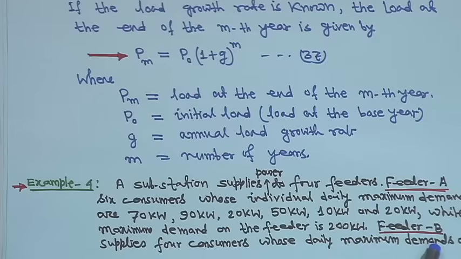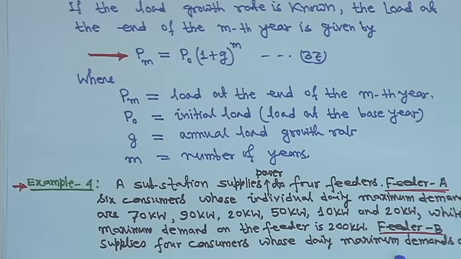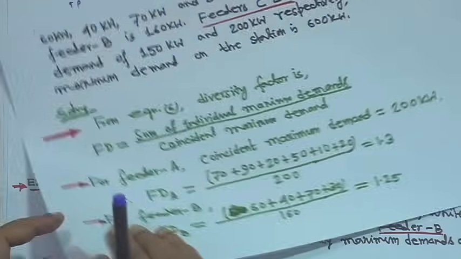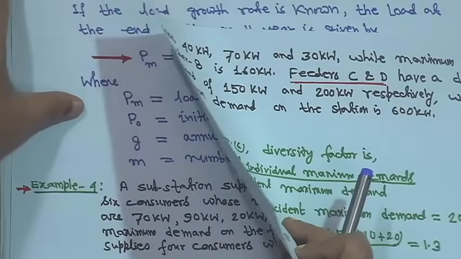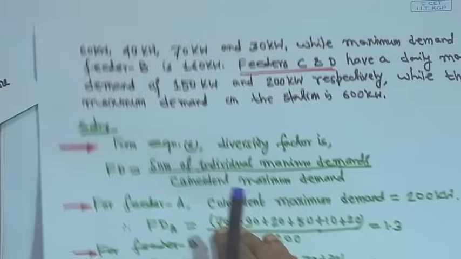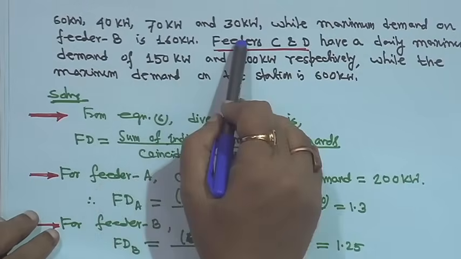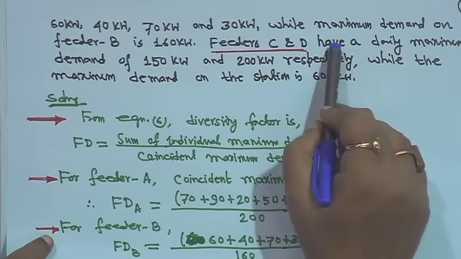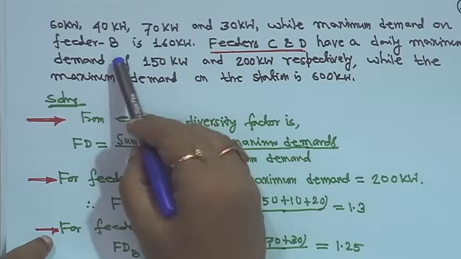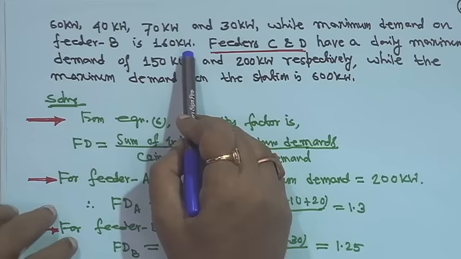Similarly, feeder B supplies 4 consumers whose daily maximum demands are 60 kilowatt, 40 kilowatt, 70 kilowatt and 30 kilowatt, right, while the maximum demand on feeder B is 160 kilowatt.